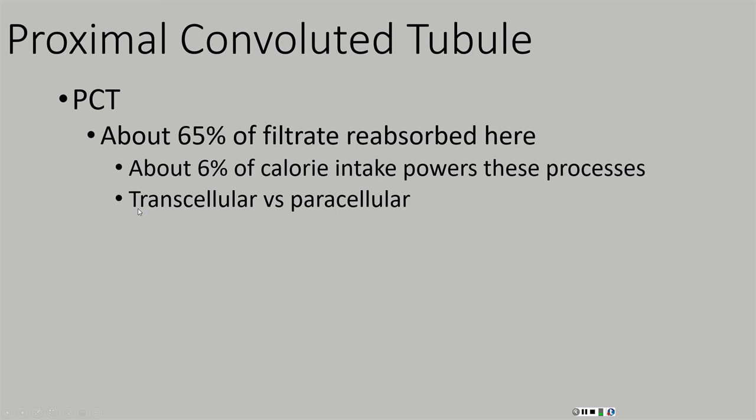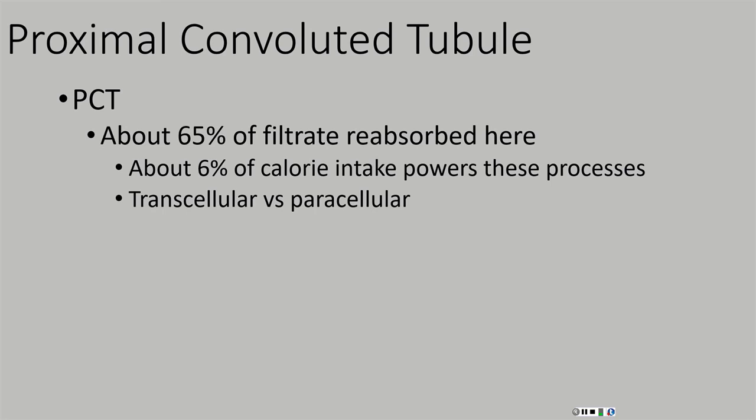Transcellular, something is moving from the lumen, the hollow part of the tubule, where the filtrate is, into a cell on one side, through the entire cell, and out the cell on the other side. So the tubule is made of cells, like all of the parts of our body.